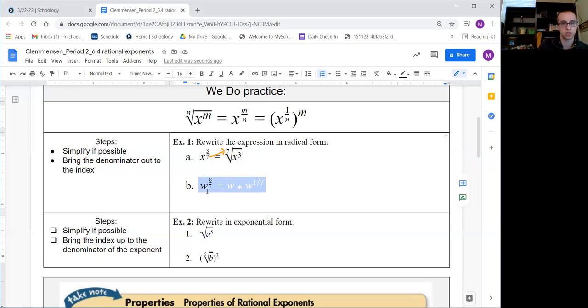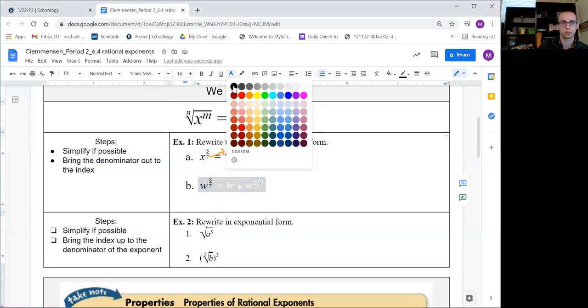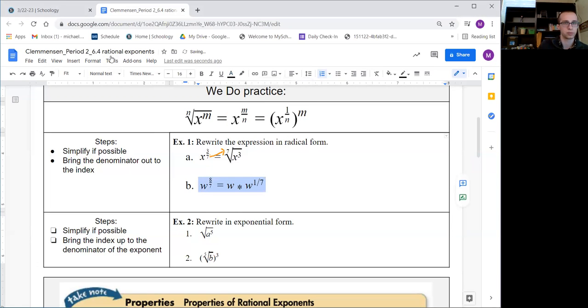So first thing I'm going to do is break up this 8/7 into a whole number. So 8/7 can become, show right here, 1 1/7. So that's where the 1 right here comes from, and the 1/7 right here comes from. So that's how we change that into this.